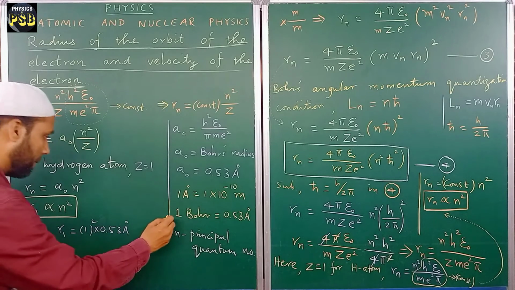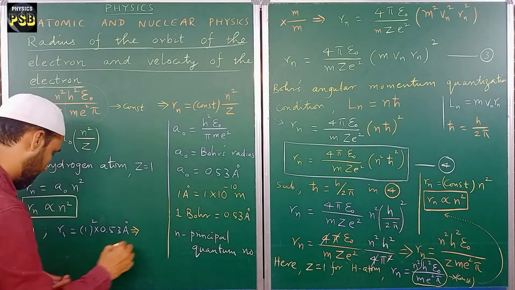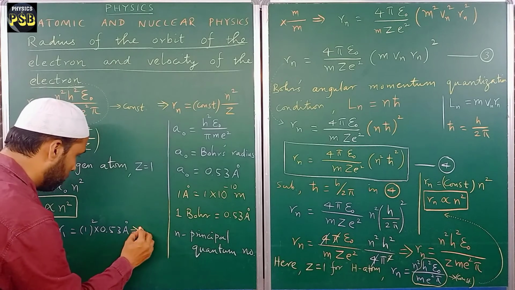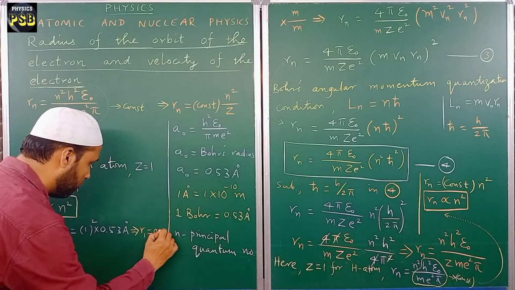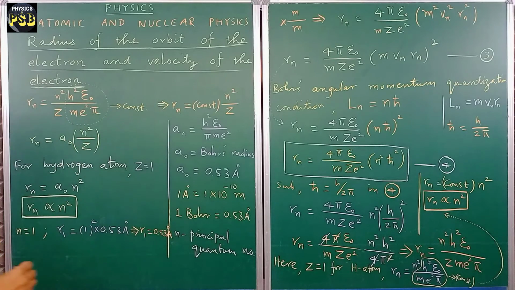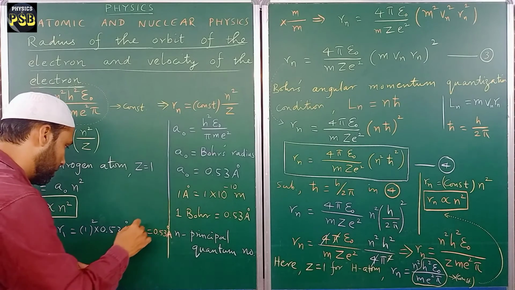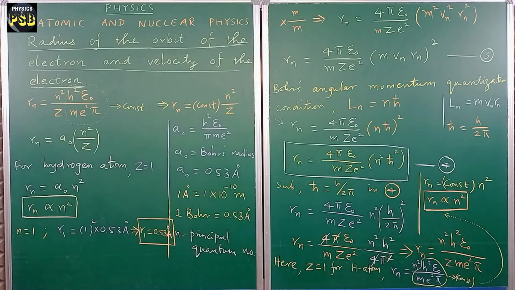What is that? That's nothing but R1 equals 0.53 angstrom. Okay, this is the radius of first orbit. I box this. Now, suppose I have an electron in the second orbit. So the principal quantum number is 2.